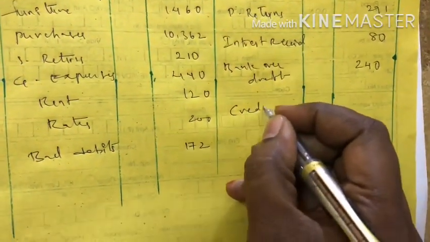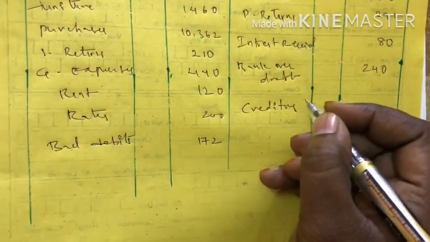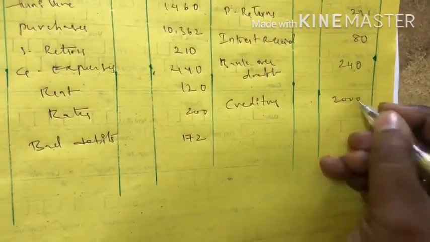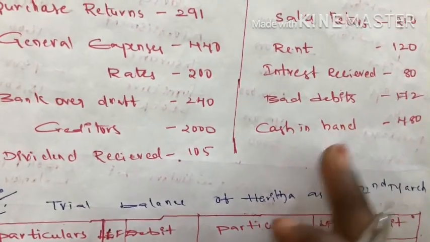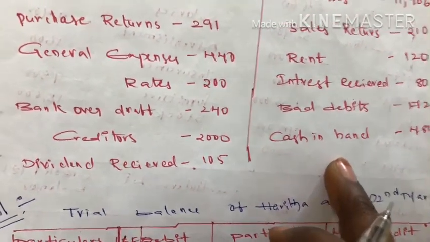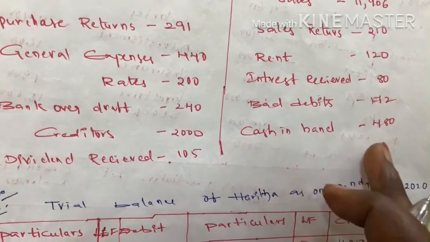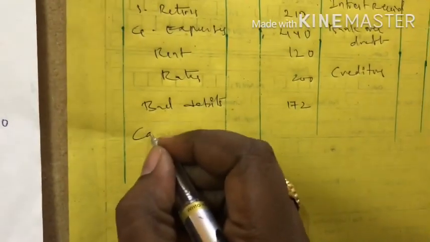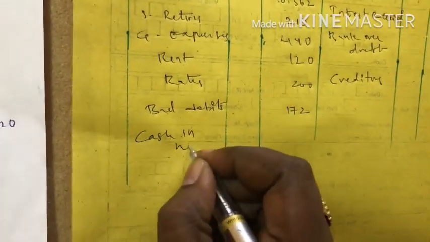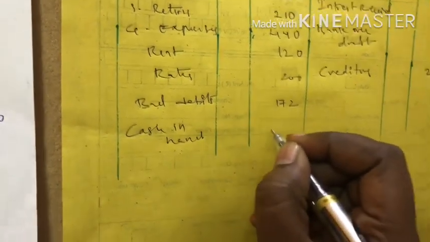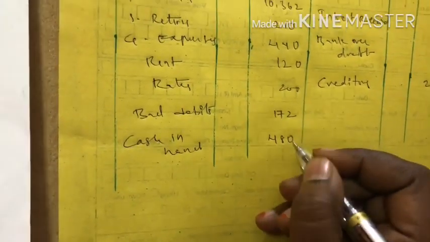So creditors is 2000. The next one, cash in hand. Cash in hand is an asset, and all assets are written on the debit side. So cash in hand is 480 rupees.